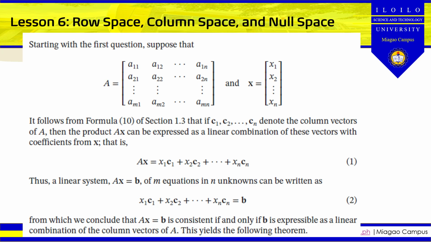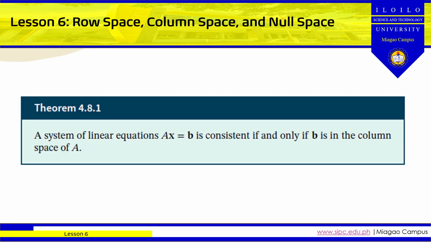From which we conclude that Ax equals b is consistent if and only if b is expressible as a linear combination of the column vectors of A. This yields the following theorem, Theorem 4.8.1: A system of linear equations Ax equals b is consistent if and only if b is in the column space of A.